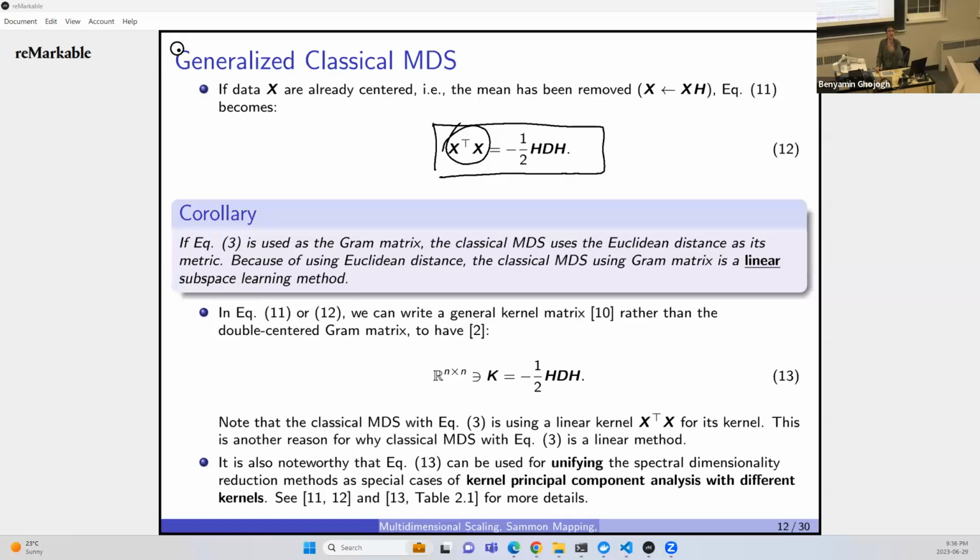Now I do the kernel trick. I can replace X transpose X by phi of X transpose phi of X. So I can write it as a kernel. So the kernel can be written as minus half HDH.